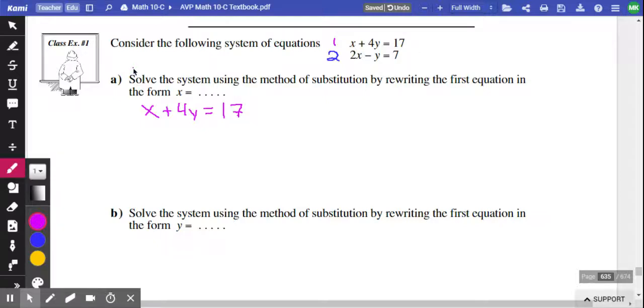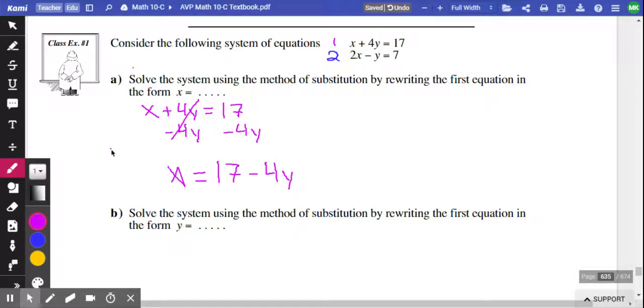To do that, I subtract 4y from both sides. That cancels out on the left. And now I have x equals 17 minus 4y. Like that. I have one letter isolated by itself.